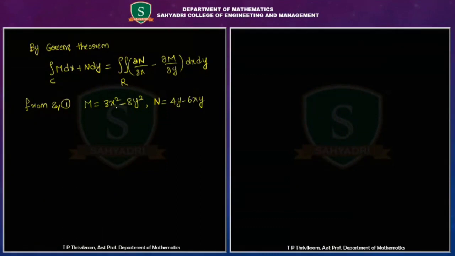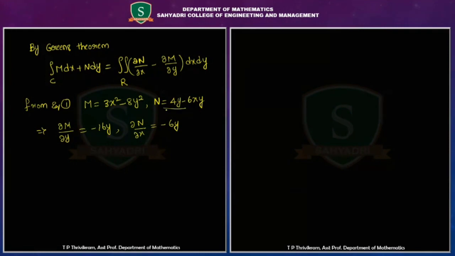Okay, so you got M value and N value. Find out dou M by dou y and dou N by dou x. Implies dou M by dou y minus dou N by dou x is equal to, or you can write, first find dou M by dou y. So you'll get minus 16y. Correct. Dou N by dou x is minus 6y.